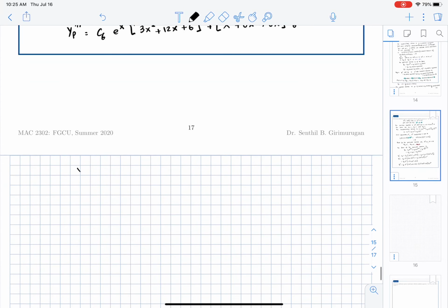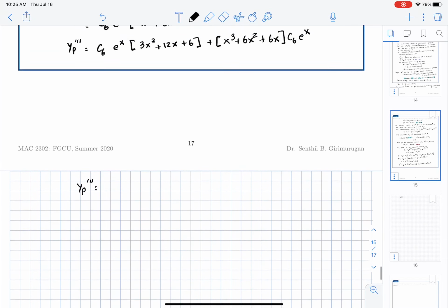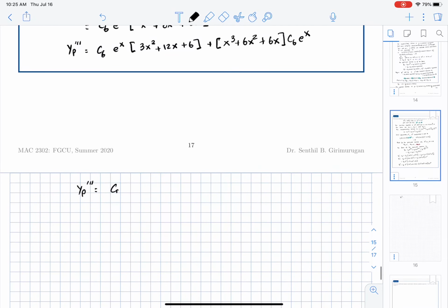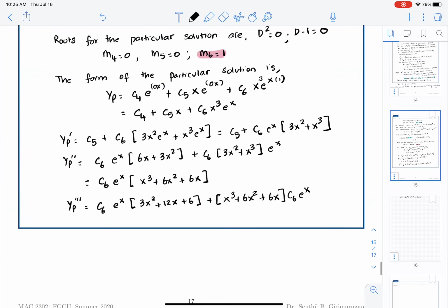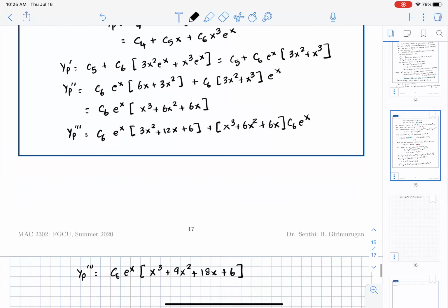Which I could write as c6 e raised x multiplied by x cubed plus 9x squared plus 18x plus 6. We take all that and plug it in the original DE.